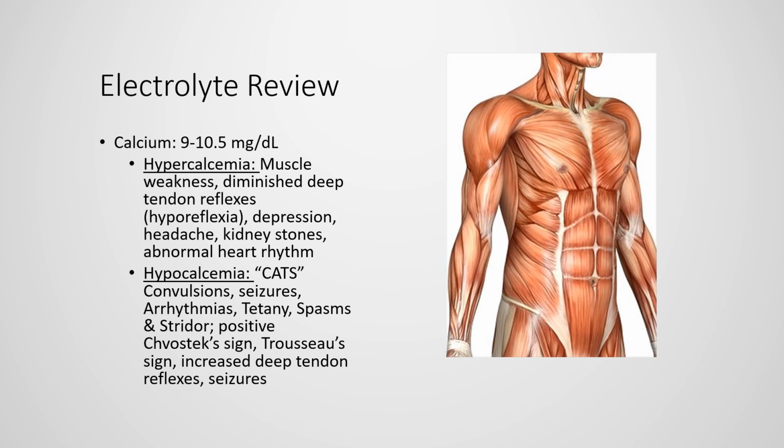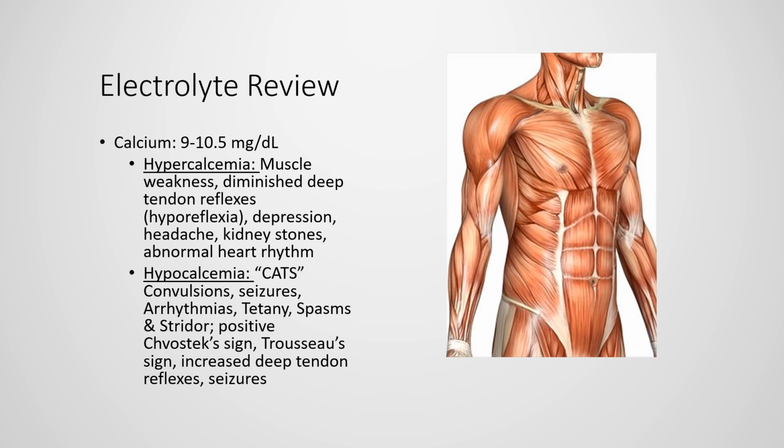So here's the mnemonic for you, if you like mnemonics: stones, bones, abdominal moans, and psychiatric overtones. So stones meaning if you have high calcium in your blood, you can get kidney stones. Bones meaning you're likely getting all this calcium from your bones, so you're getting osteoporosis.